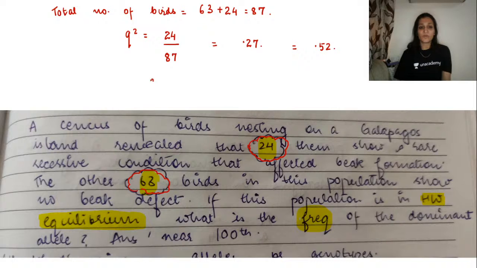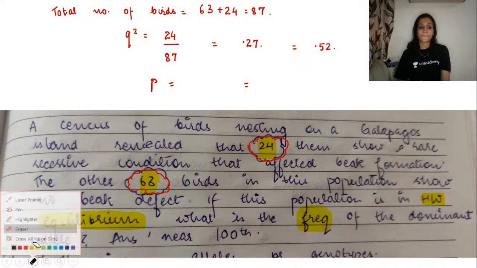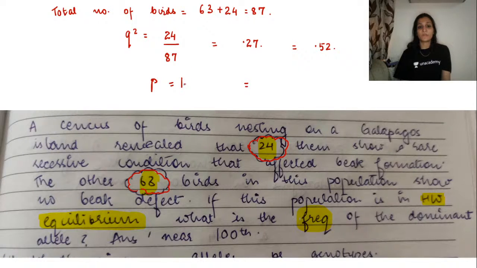And if you are solving for p, it can be 1 minus q. So q is 0.52, so p is 1 minus q, isn't it? Yes. So here the answer would be 0.47. So this is how you calculate.